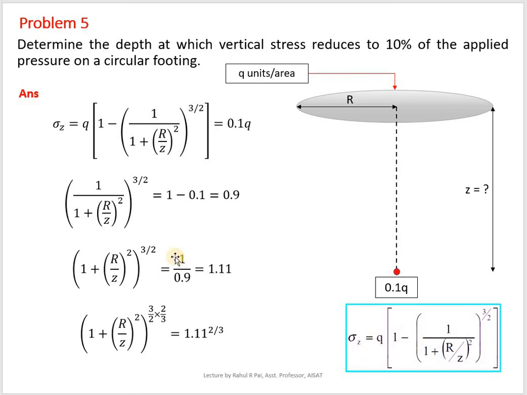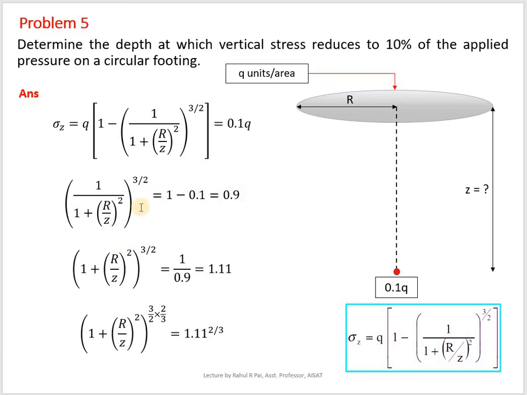You equate it to 0.1 into small q, then q will cancel out. The term 1 by (1 plus (r by z) the whole square) the whole raised to 3 by 2 is equal to 0.9.